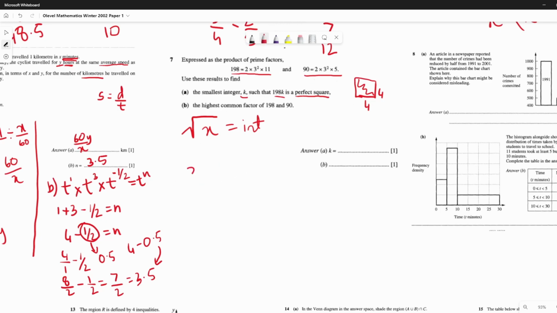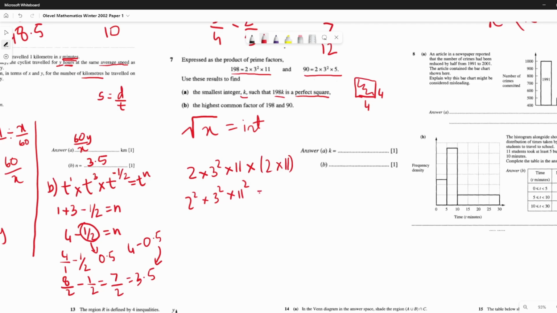Well, we could simply do 2 times 3 squared times 11, and multiply it by a number that gives us both a 2 and an 11. So we multiply it by 2 times 11, which gives us 2 squared times 3 squared times 11 squared.